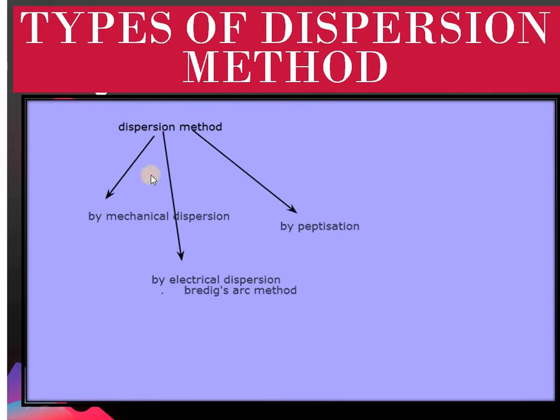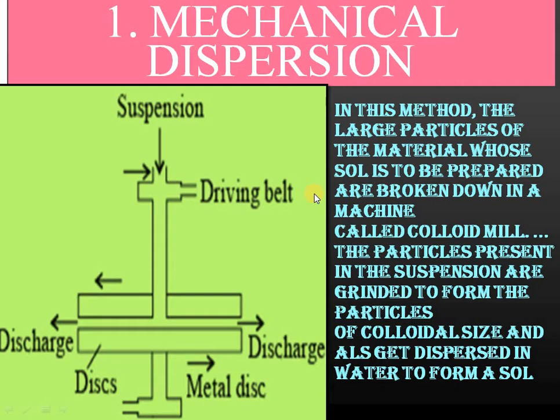So these are the further divisions of the dispersion method: mechanical dispersion, electrical dispersion, another name is the Bredig arc method, and the third is peptization. Moving to the first, mechanical dispersion, here we have a colloidal mill in which we add a suspension, and that suspension moves along this track and comes here. There are two discs, and the suspension comes in between them.